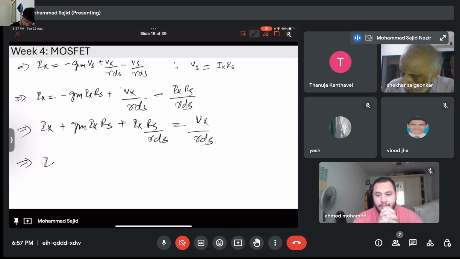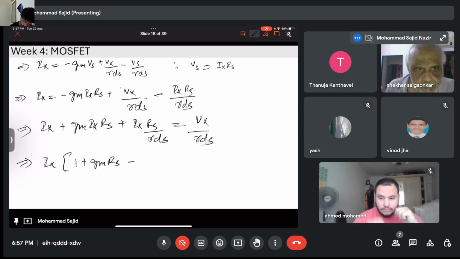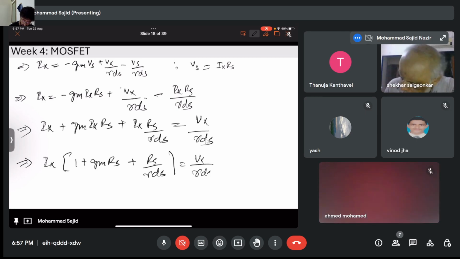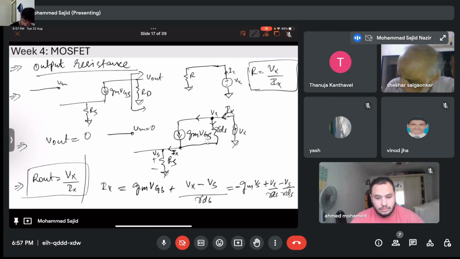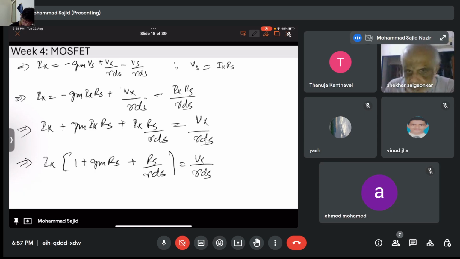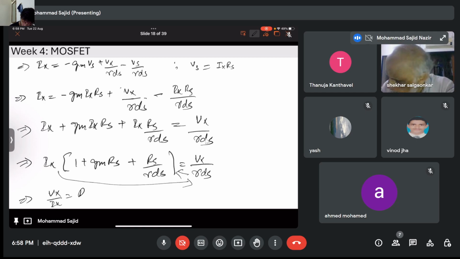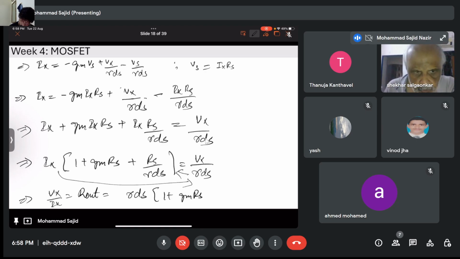Taking Ix as common, what I will get is 1 plus Gm Rs plus Rs by Rds is equivalent to Vx by Rds. Now what is R out? It's simply Vx by Ix. I need to divide by Ix and transfer it here, so Vx by Ix will give me R out. And that will be simply equivalent to Rds multiplied by (1 plus Gm Rs plus Rs by Rds).